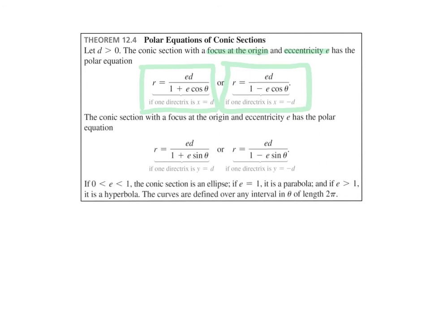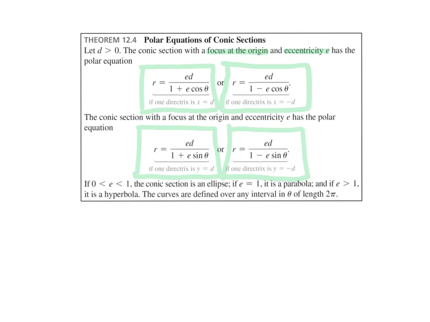If your equation is with respect to sine, so same equation, but instead it's going to be 1 plus the eccentricity times sine of theta, or 1 minus eccentricity times sine of theta, then your directrices are going to be a y value.